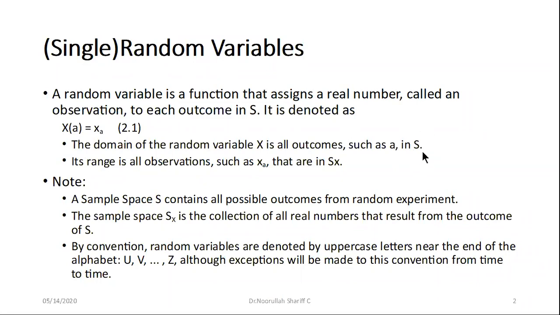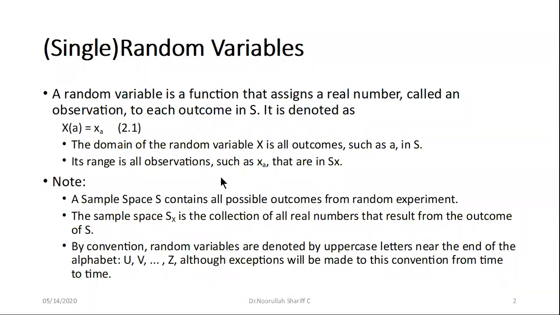S is the sample space, and its range is all observations such as X(a) that are in Sx, right? So outcomes are a in the sample space S, and its range is all the observations, which take the value X(a) that are in Sx.